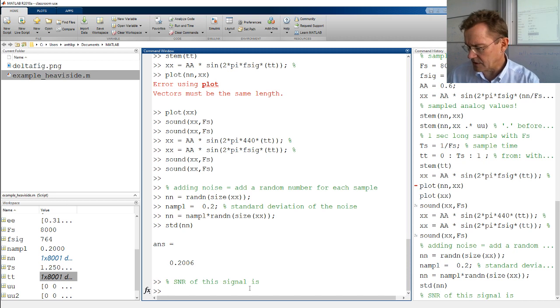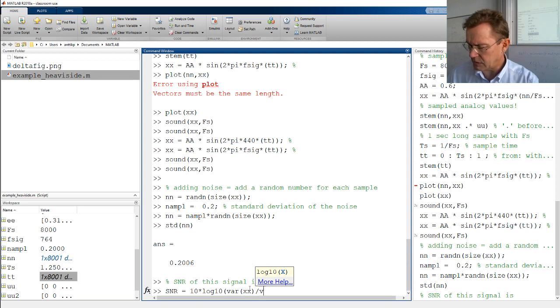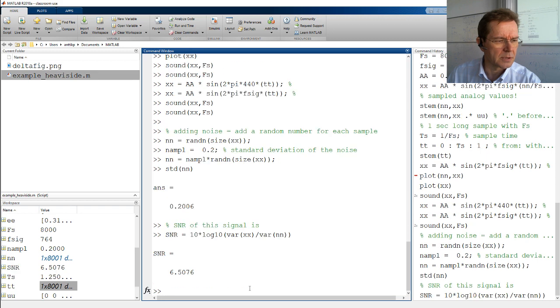After that, the signal to noise ratio is 10 times log of the variance of the signal x divided by the variance of the noise. 6.5 signal to noise ratio, which is not great. So there's plenty of noise, which is good.